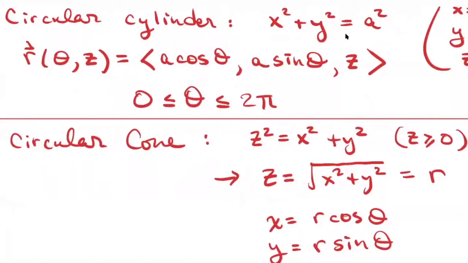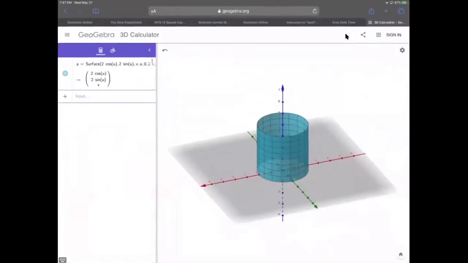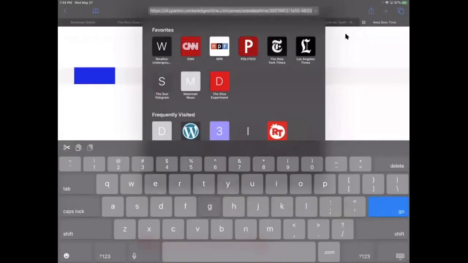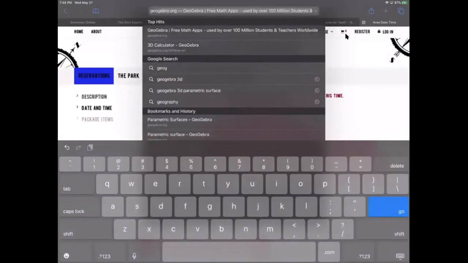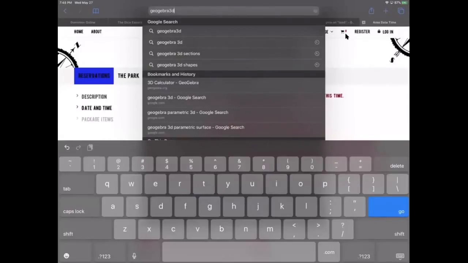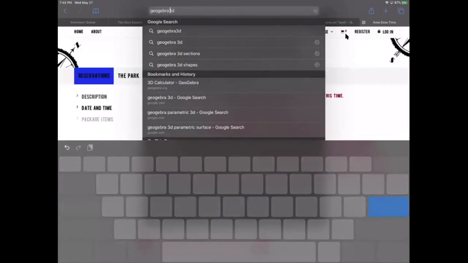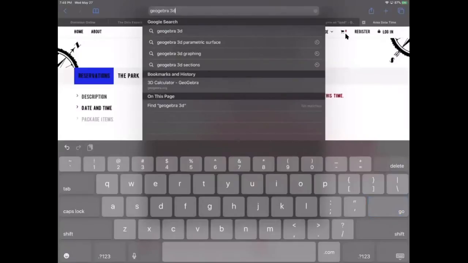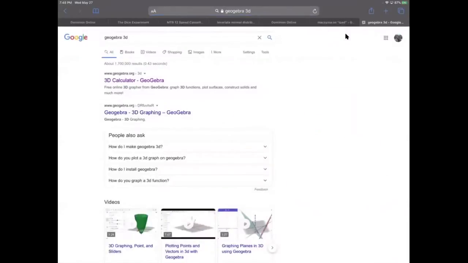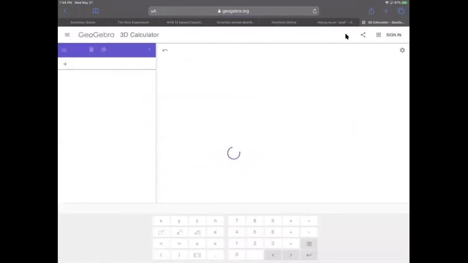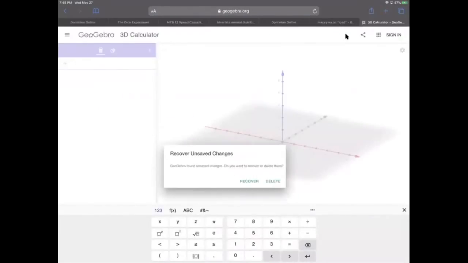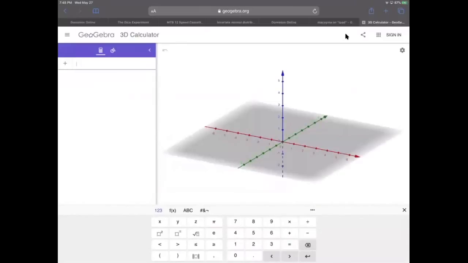So just real quickly, I wanted to jump into GeoGebra, and you can see I was playing around with this already, but just to walk you through it, I would just do GeoGebra 3D again. And the funny thing that I misunderstood is that you don't put the vector in brackets. You just list the x, y, and z coordinates separated by commas. So the command is just surface.